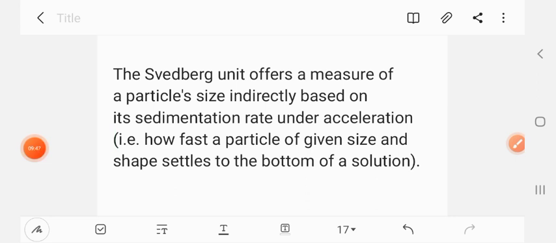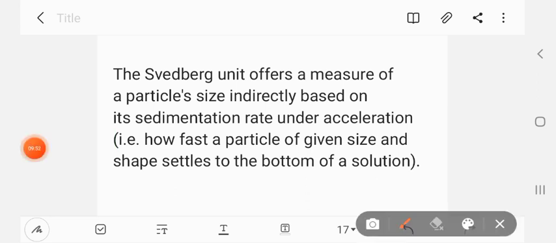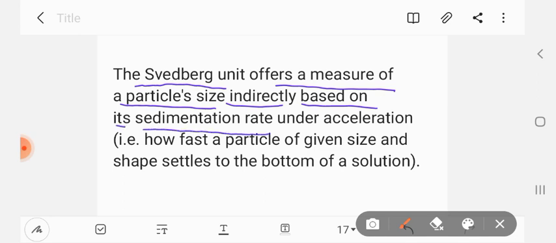In simple words, the Svedberg unit is used to measure particle size. Here we are measuring the size of the large and small ribosomal subunits indirectly, based on their sedimentation rate under acceleration.